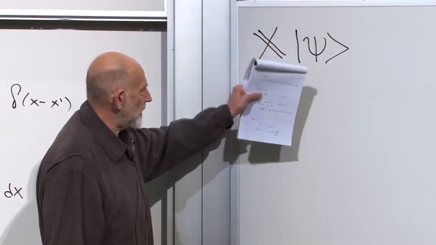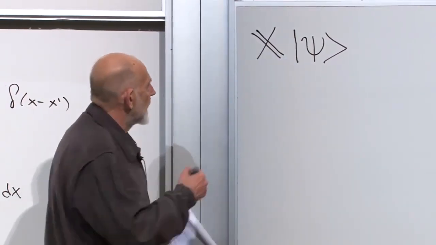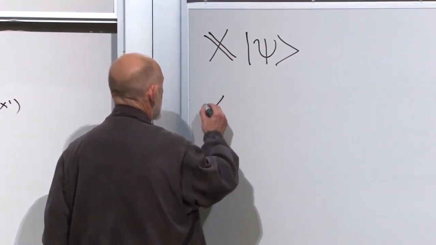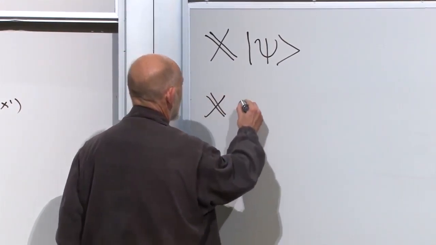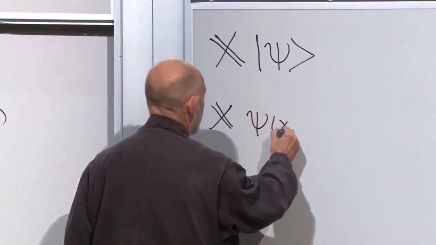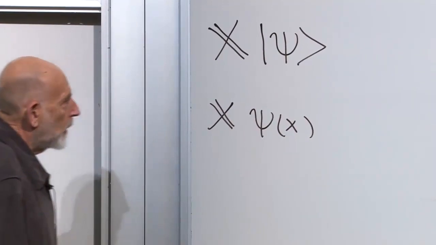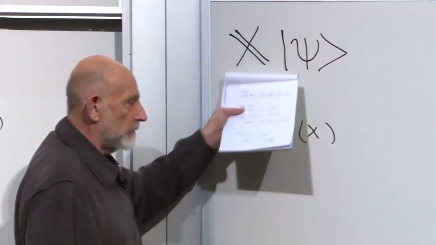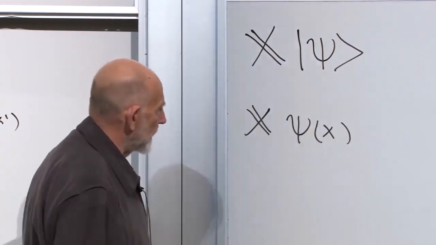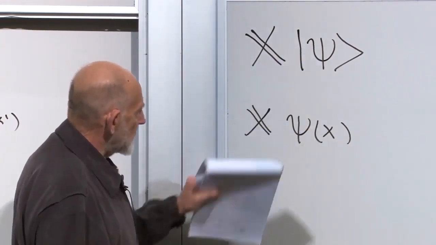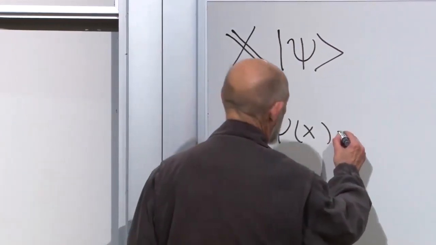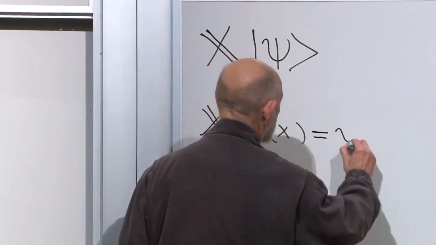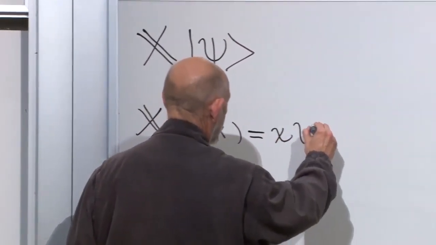Instead of telling you how x acts on an abstract vector, I'm going to tell you what happens when the operator x hits a wave function. Wave functions and state vectors can be thought of as one being a representation of the other. When x hits psi of x, what it does is just multiply psi of x by x.